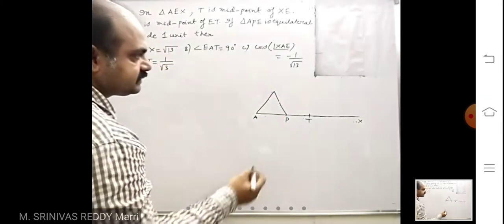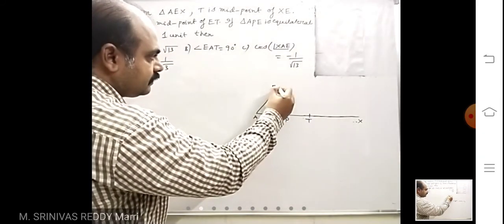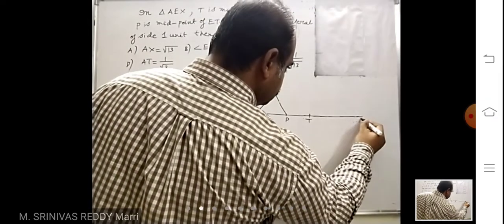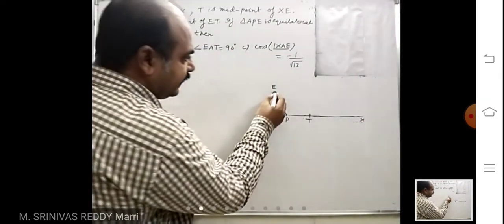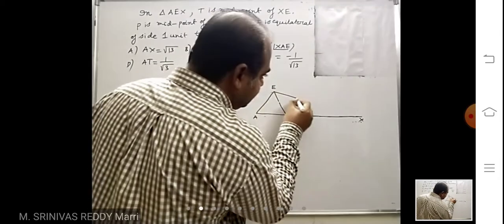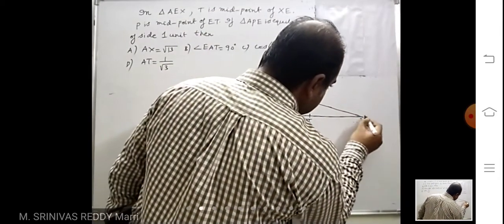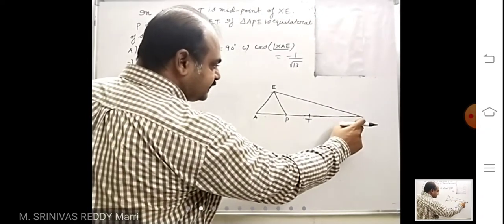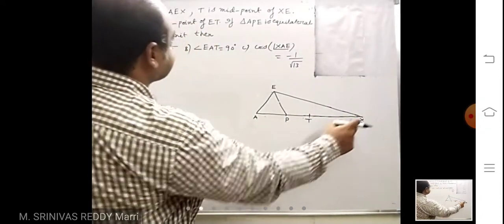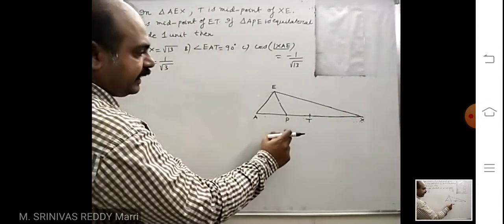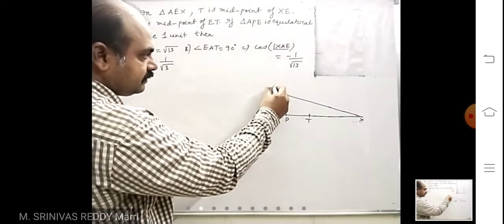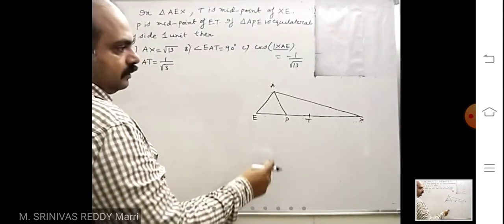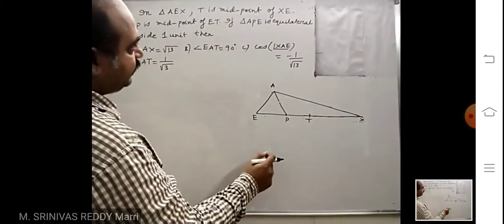So this is E, right? So look at here. This is the triangle AEX.